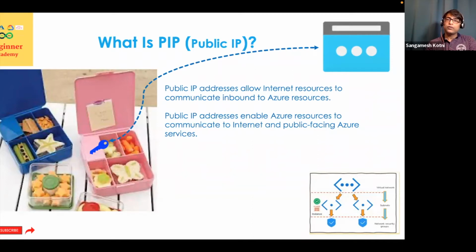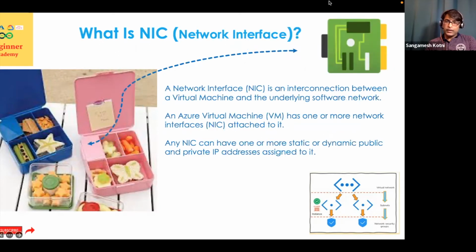There are only a few resources in Azure which support a public IP, for example gateway and APIM, and a few more. So, NIC, network interface. For one virtual machine, you would require a NIC at any cost in order to assign a particular IP address.